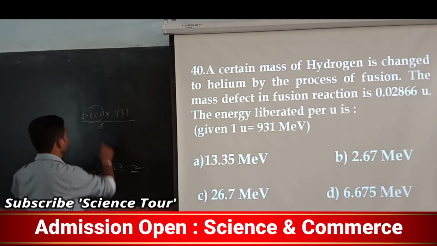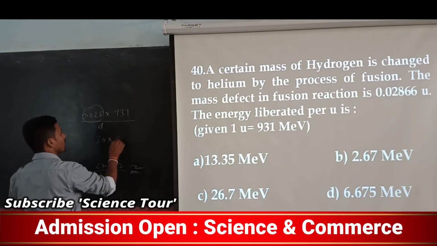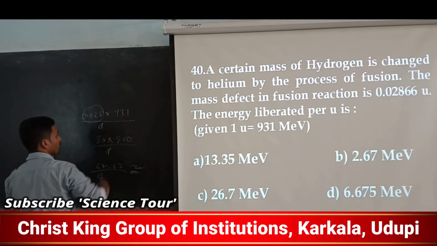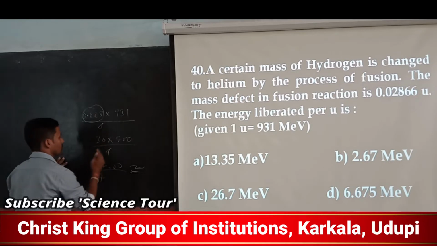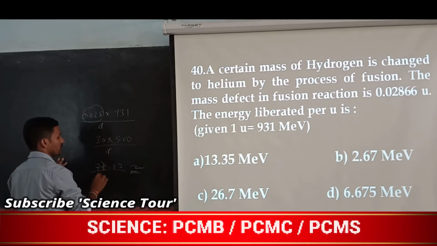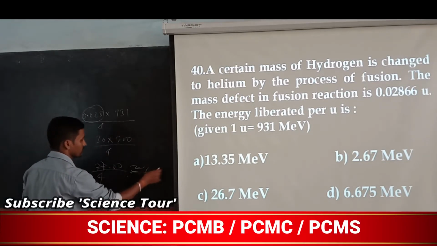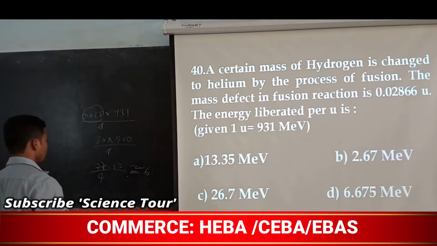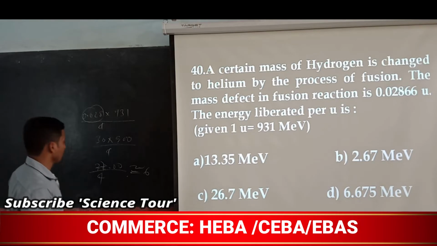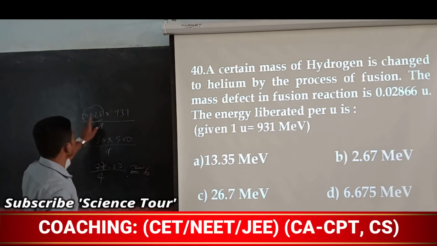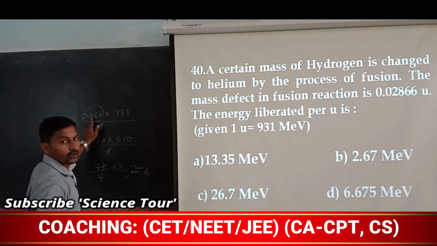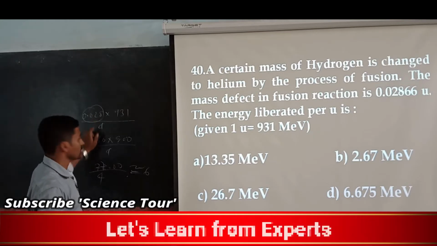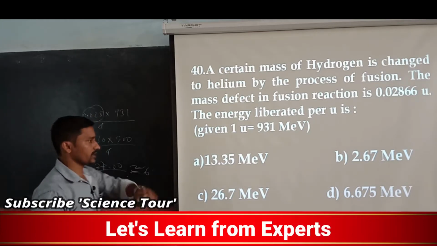So what I will do, I am writing 30 into 900, divided by 4, so 27,000 divided by 4, nearly 6 something you are going to get. Here you have reduced, we have 28 and you have written 30. So these are all approximations.